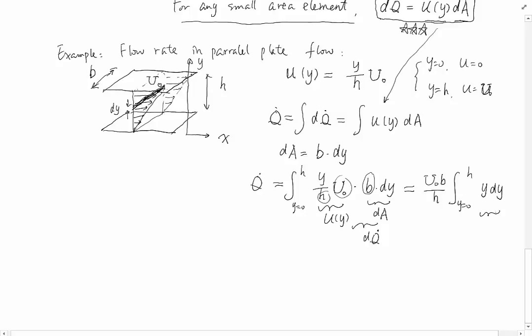And this, of course, is going to give us half y squared, and that's from 0 to h. Therefore, we have h u naught b times half h squared, that is equal to u naught b h divided by 2.